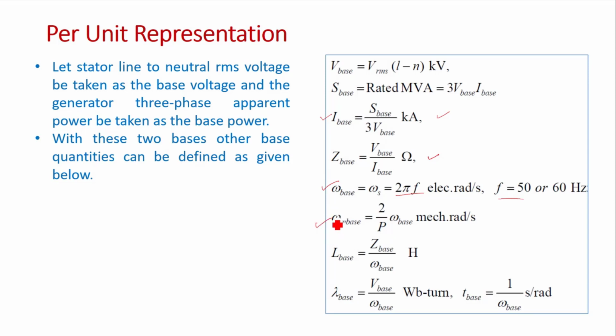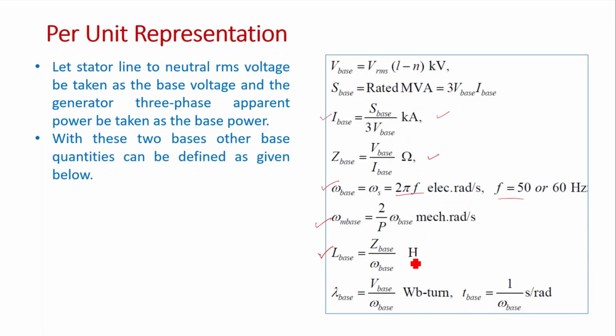And your omega m base will become 2 by p of omega base, because this is in mechanical radian per second. Okay. And your L base will become Z base by omega base, and your lambda base will become V base by omega base. So how is L base equal to Z base by omega base?